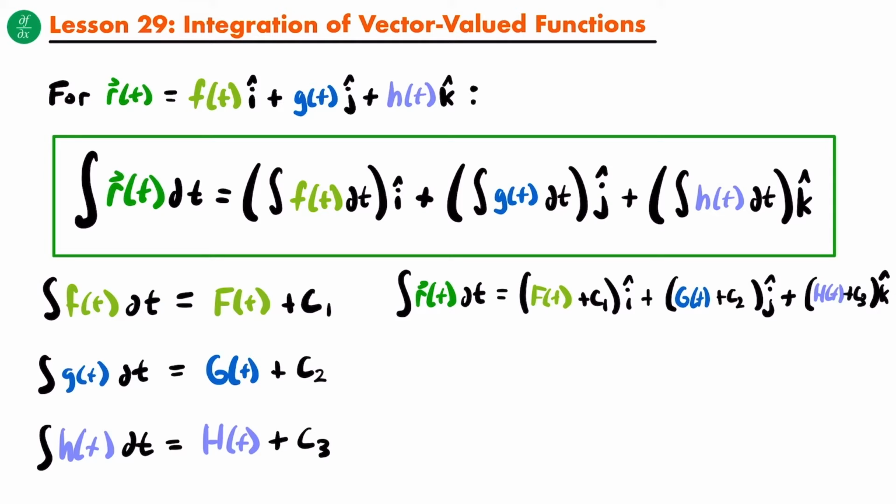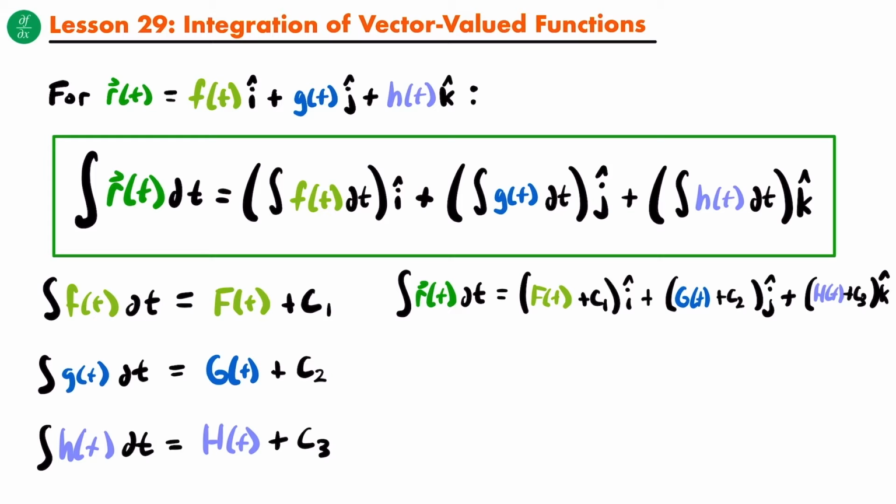All right, what we can do here is then distribute i to both of these values, j to both of these values, and k to both of these values, and then regroup all of the terms based on whether they are a function or a constant value.